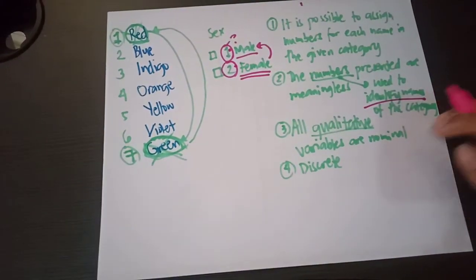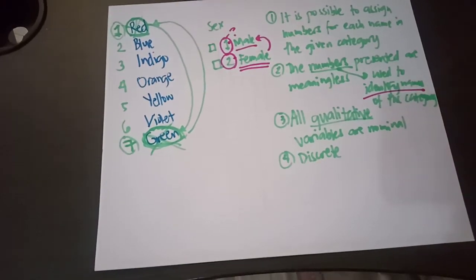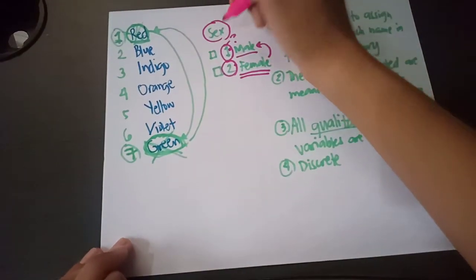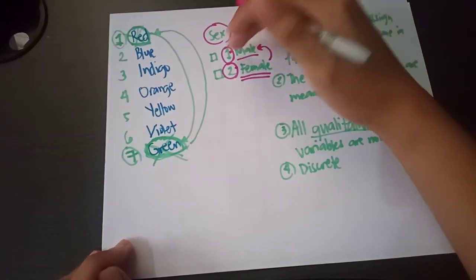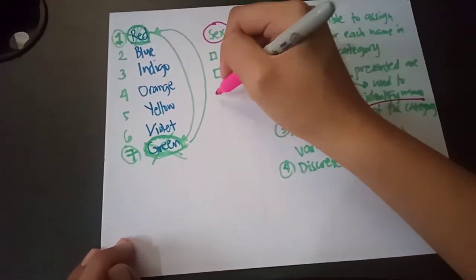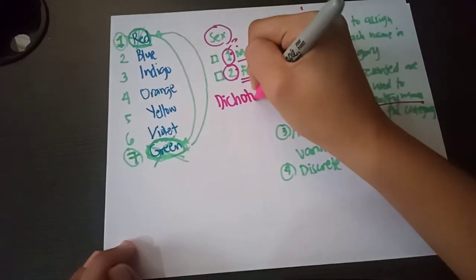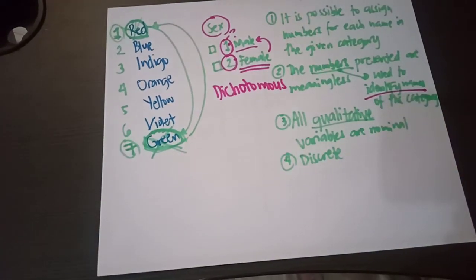Now, these variables under the nominal scale that have only 2 categories, like in terms of sex, because we only have male and female, will be known as dichotomous nominal variables.